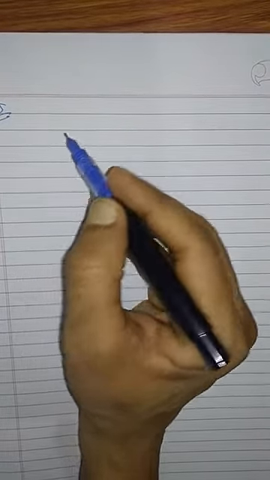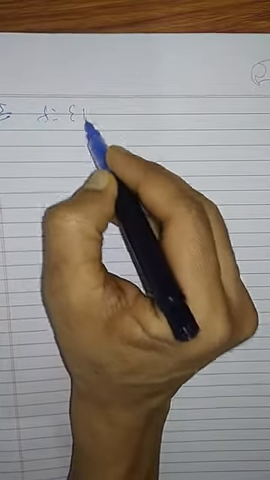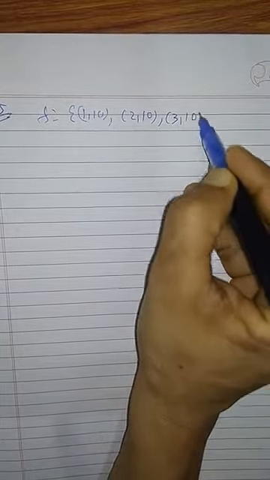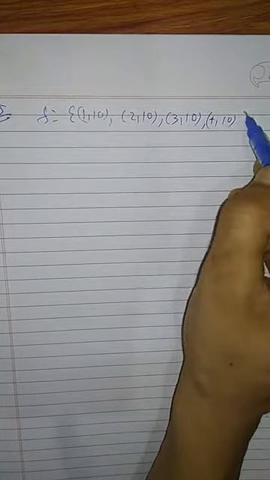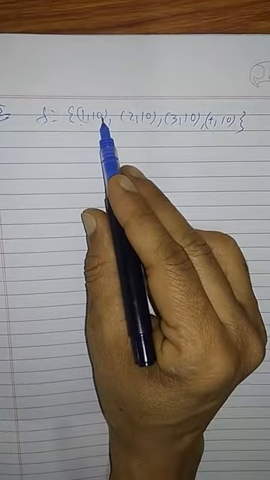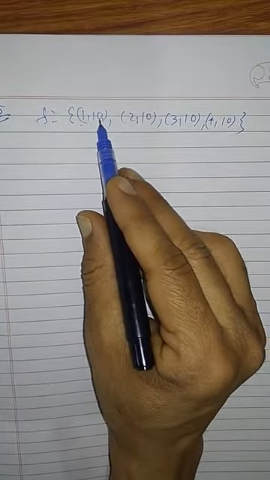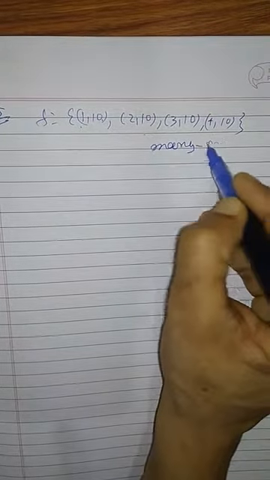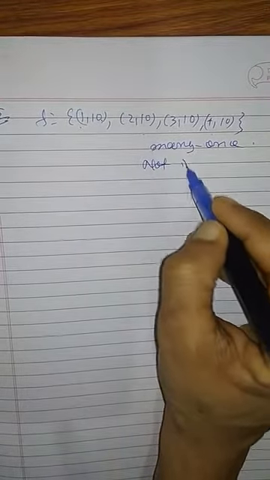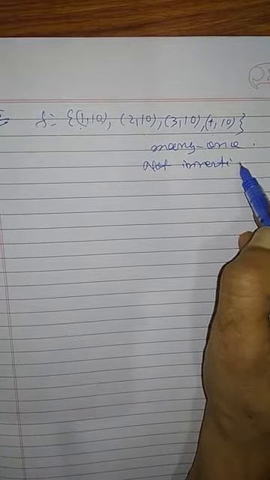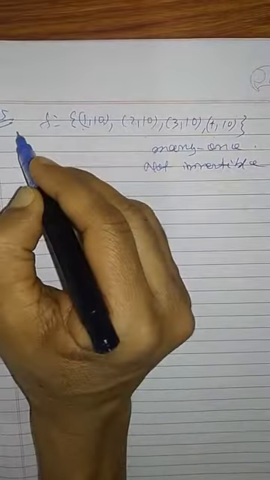First bit is many-one, because f is given: 1 to 10, 2 to 10, 3 to 10, 4 to 10. So many 1, 2, 3, 4 range to the same element. Your codomain is 10. Domain is 1, 2, 3, 4. So it is a many-one function. So it is not invertible, because you know for inverse the function must be one-one and onto. This is for bit 1.